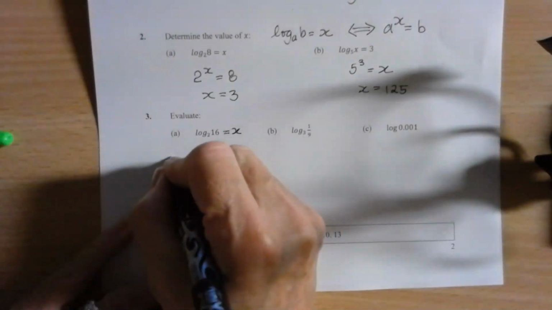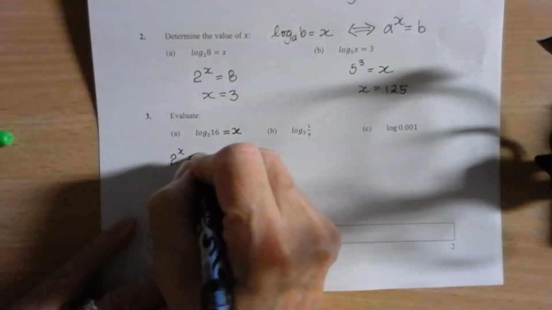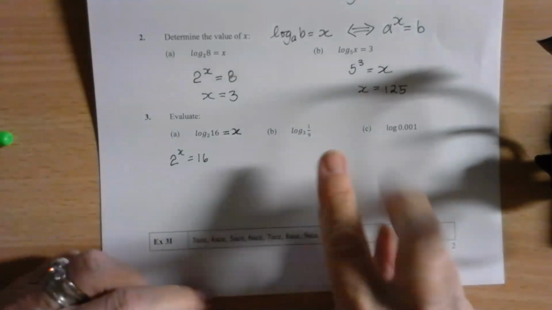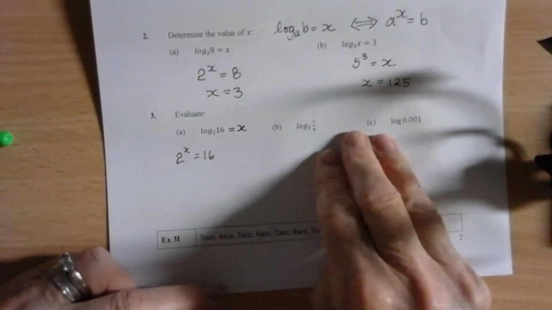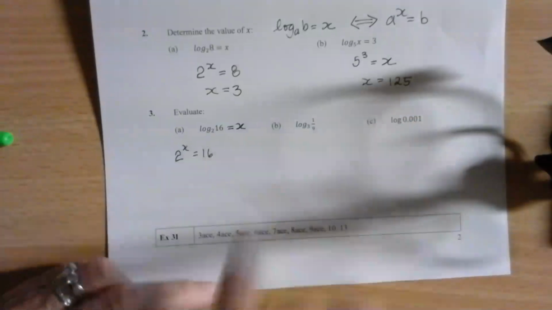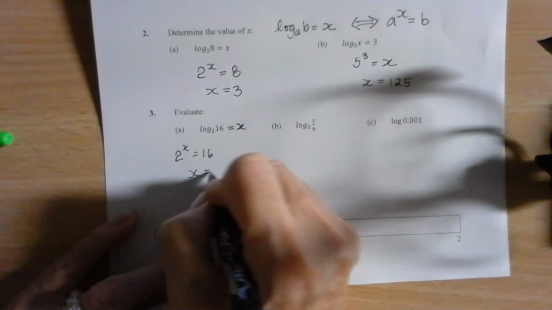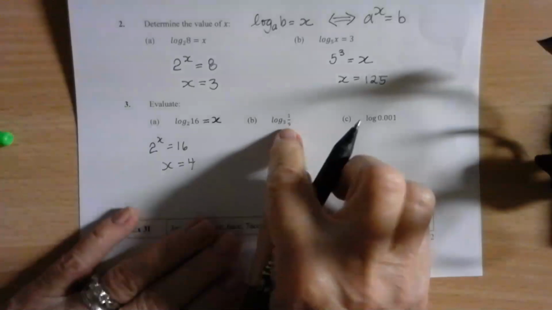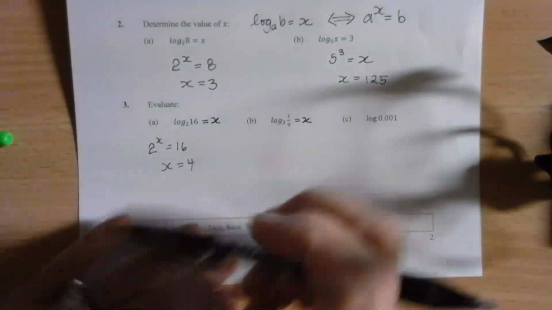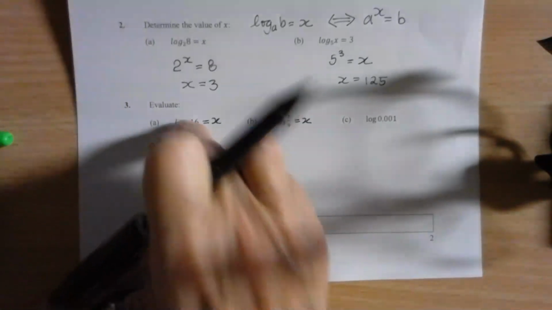So I go 2 to the x equals 16. And then I figure out, I go 2 times 2 is 4, times 2 is 8, times 2 is 16. So I got four 2s, so I know x is 4. This is actually just equal to 4, that.